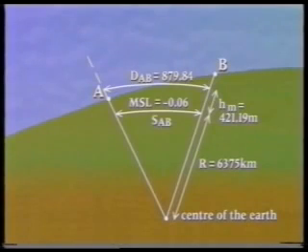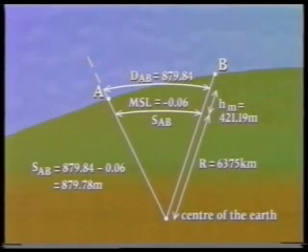And if SAB is the equivalent of DAB at mean sea level, SAB is given by DAB minus 0.06 meters, which gives 879.78 meters.